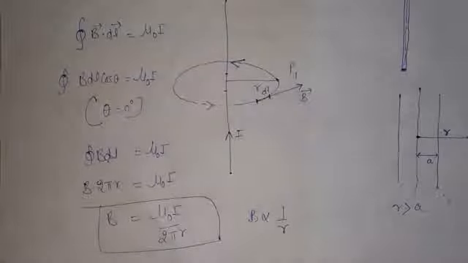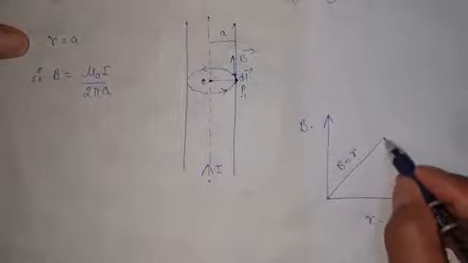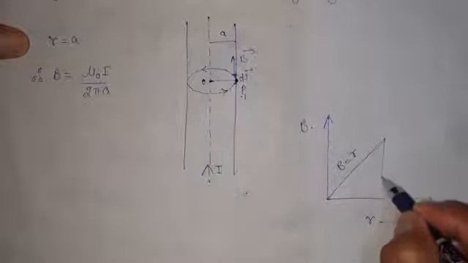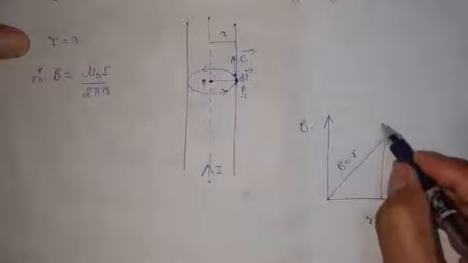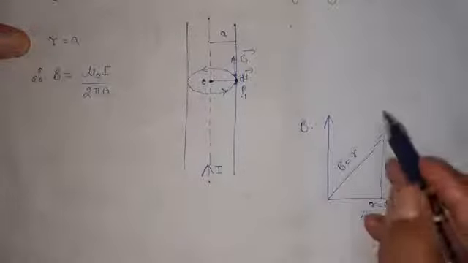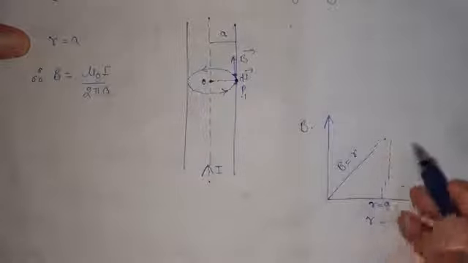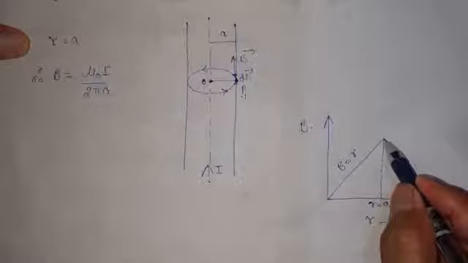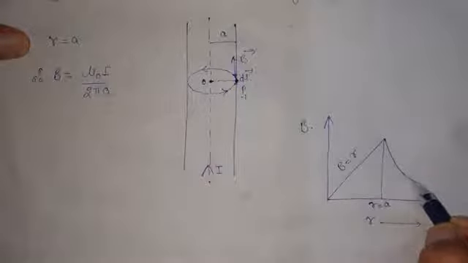Okay, so we know that inside the wire the magnetic field goes on increasing with the distance, and when it reaches the surface, that time r equals a. Okay, so at this point r becomes equal to a on the surface, and outside of this surface we found that it decreases with the distance.